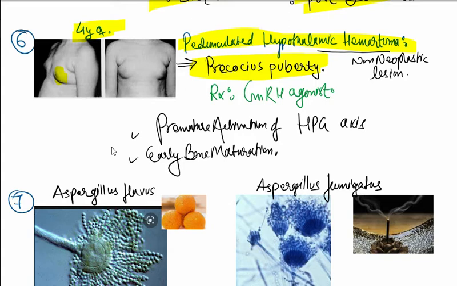This is a non-neoplastic lesion, and the treatment is gonadotropin releasing hormone agonist. So this is the condition: precocious puberty, premature activation of the hypothalamus-pituitary-gonadal axis, and early bone maturation is seen in this patient, so height will be less.